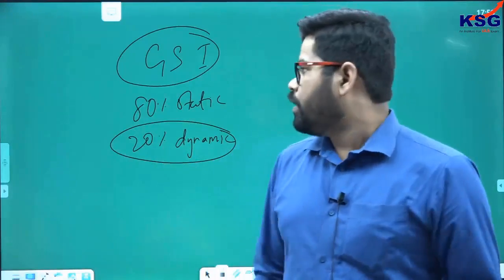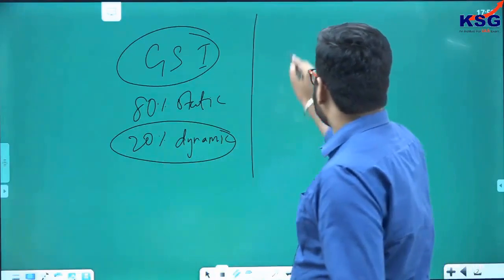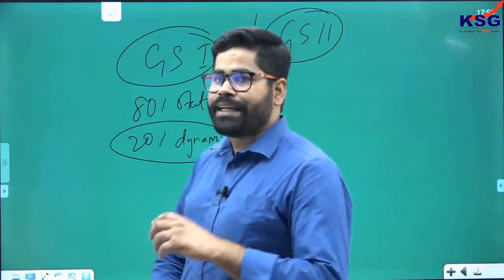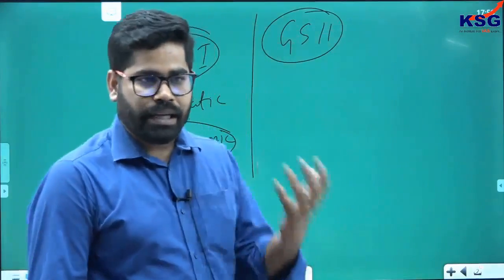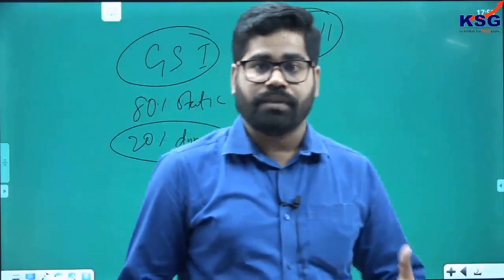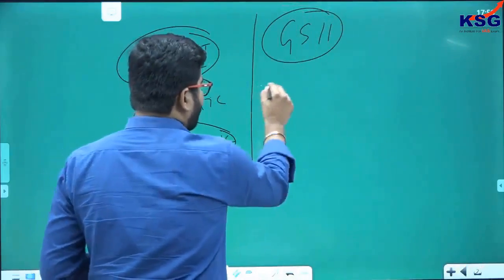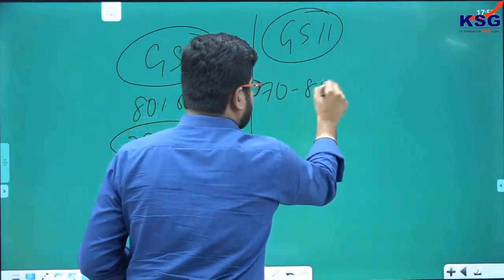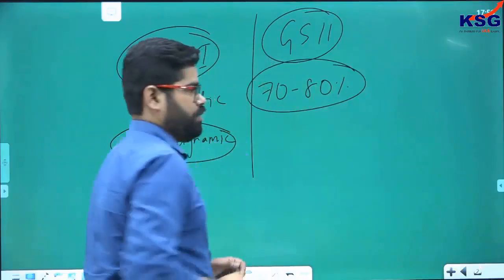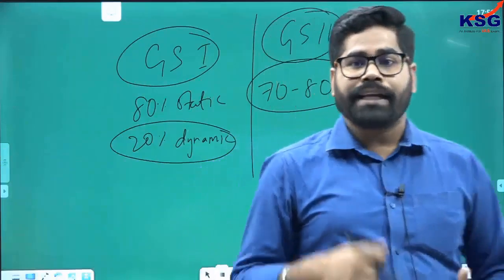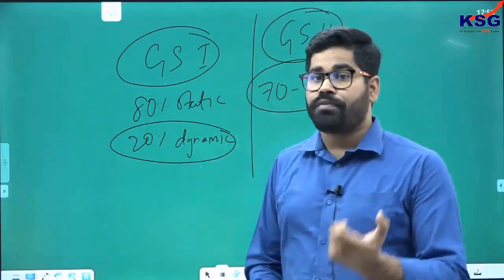Now, let us see the second section, GS paper 2. Here we have polity, governance, social justice, and IR. This is one such section where you will find 70 to 80% dominance of current affairs. The dynamic portion has 70 to 80% dominance here.